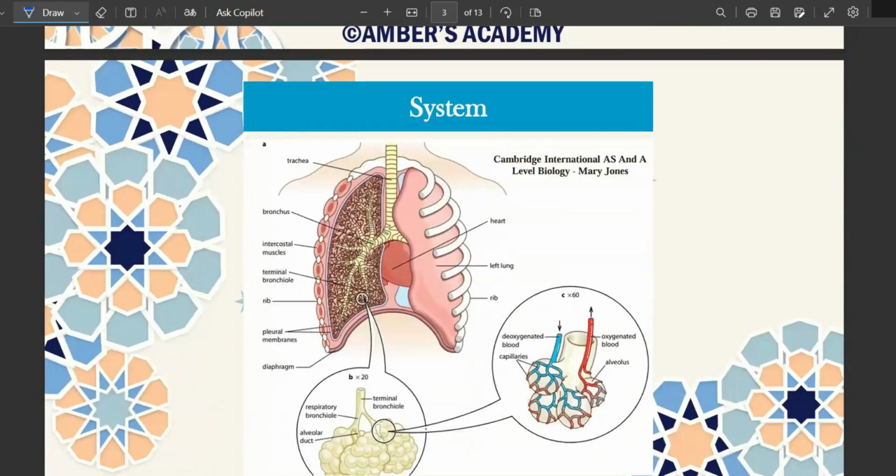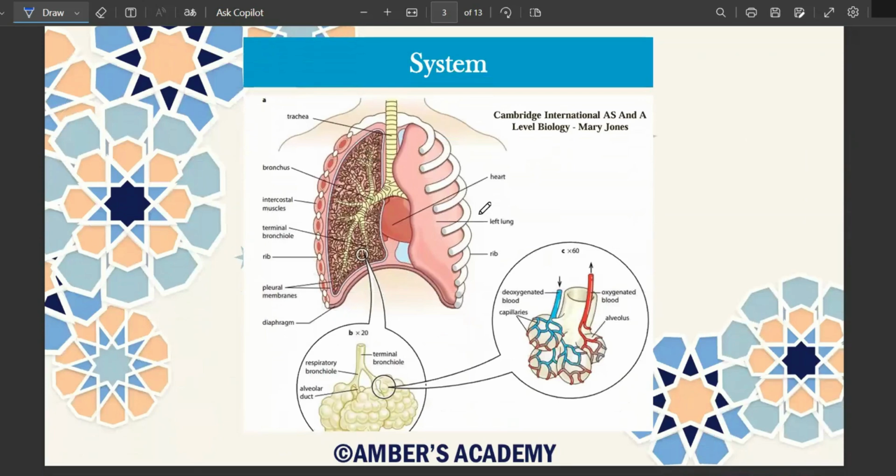Then you need to understand the system. Basically, they don't ask you to label it. Obviously, it's very easy, but you need to understand which components are involved in your gaseous exchange system. You have the trachea, which is your windpipe.